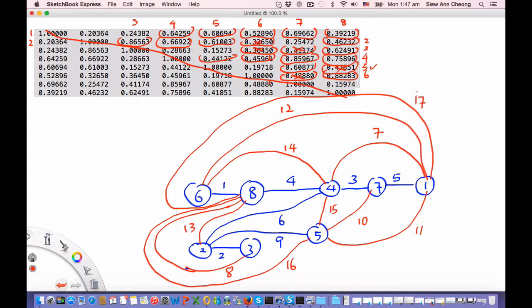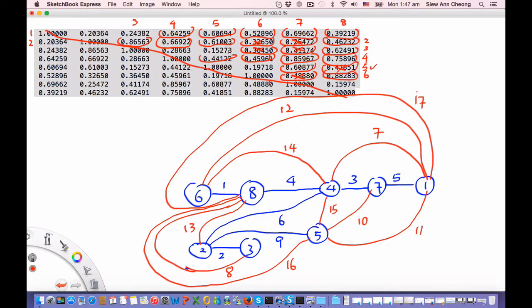So who do I have next? I should go to 0.25 here. 7 and 2 is not possible.